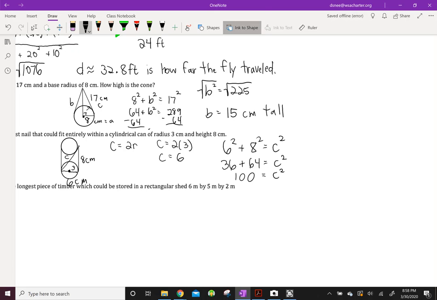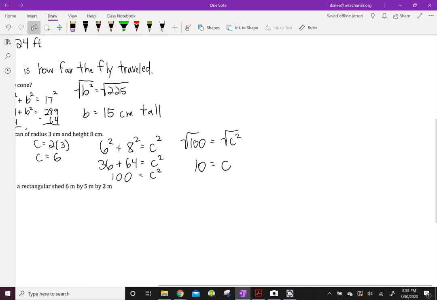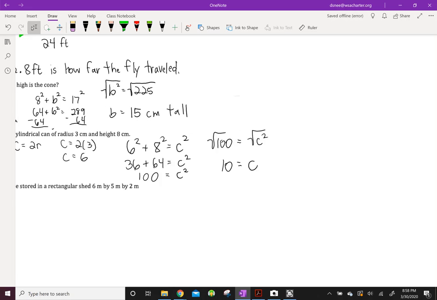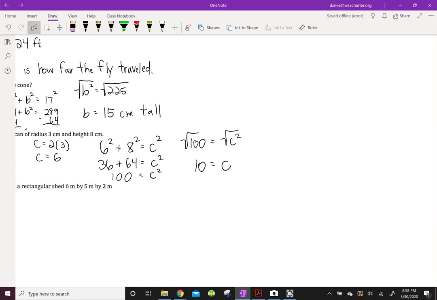And the square root of 100 is equal to the square root of c squared. So 10 equals c, the longest nail that will fit. The longest nail that will fit is 10 centimeters.